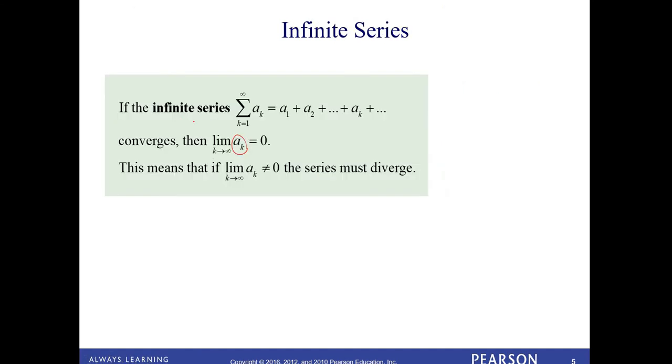So our definition again: if the infinite series converges, then the limit as k approaches infinity of a sub k, the furthest out term, must equal 0. This means that if the limit of a sub k as k approaches infinity does not equal 0, the series must diverge. That's pretty important.